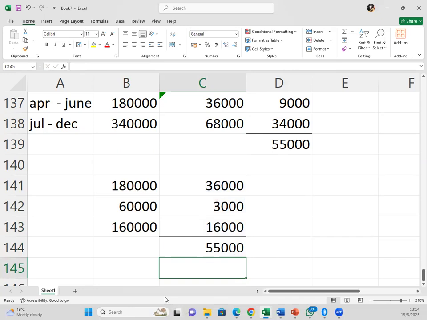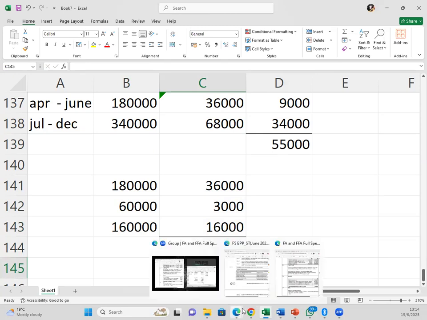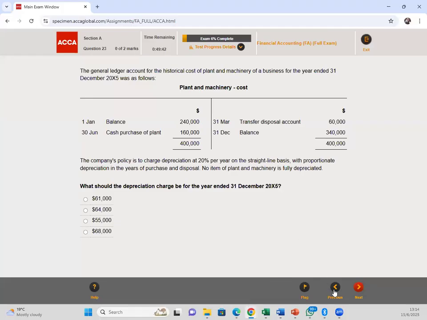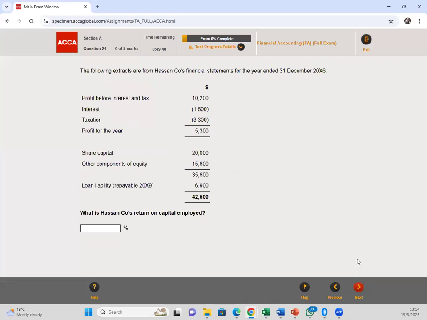Now let's move to the next question. The following extract are from Hassan's financial statement for the year ended 31 December.